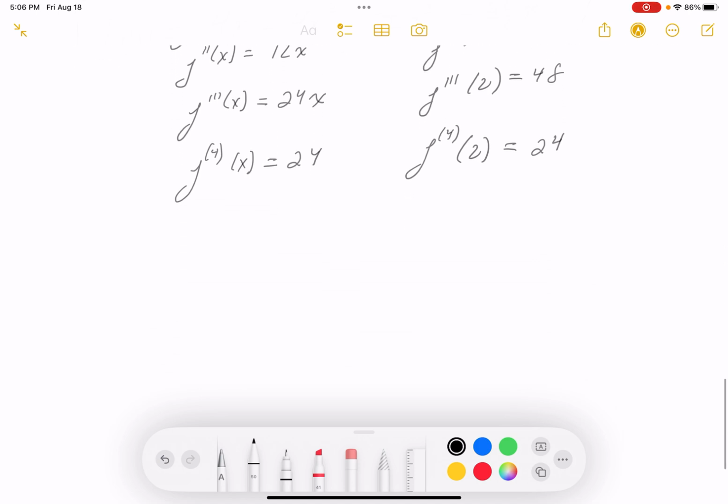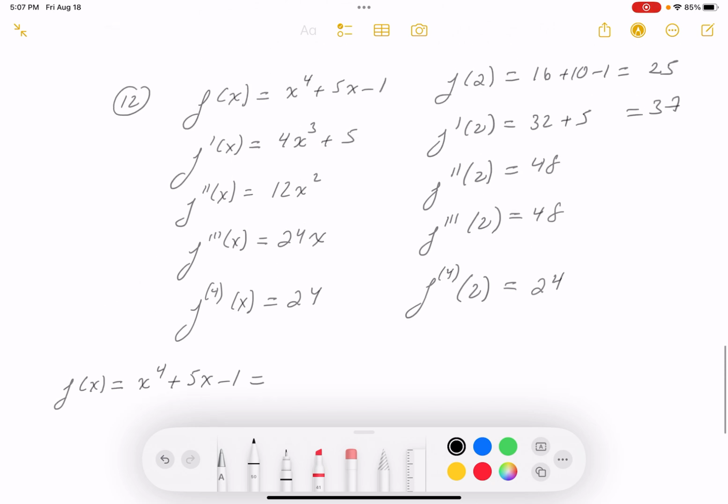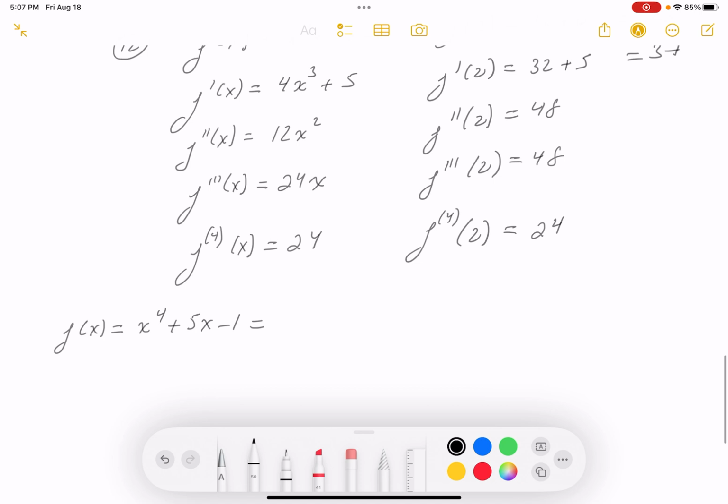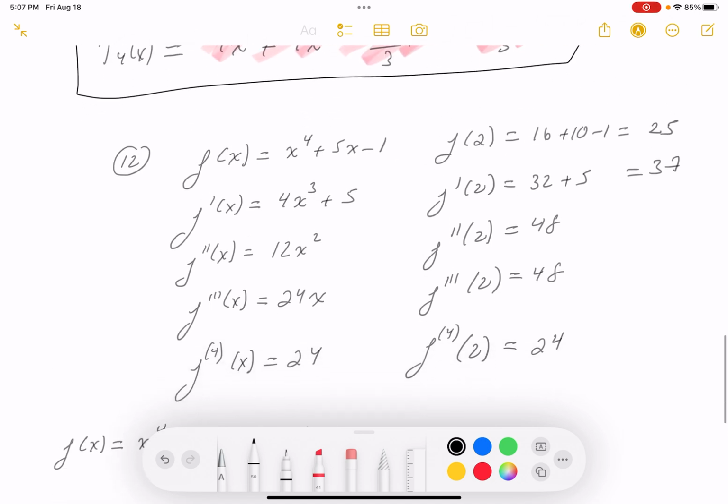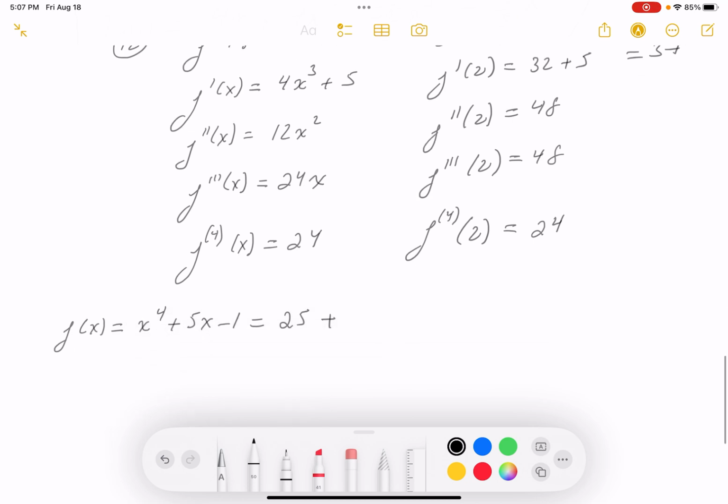Write the polynomial down. So what do we get over here? We have f of x equals x to the 4th plus 5x minus 1. What is it going to equal? Well, let's take a look at it. It's going to be equal to 25. I just did this thing over here.